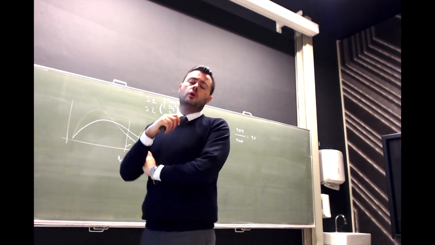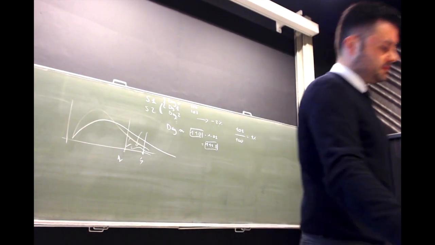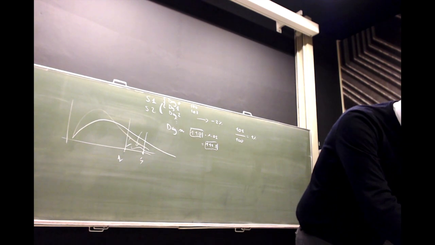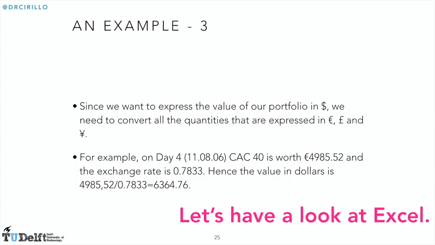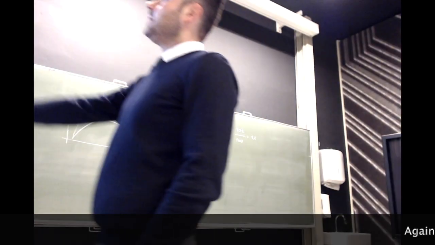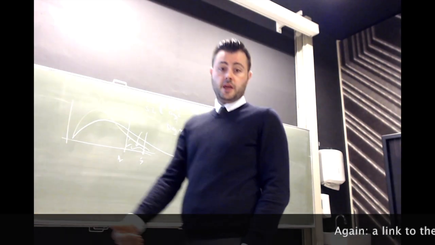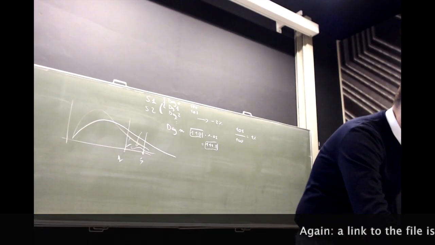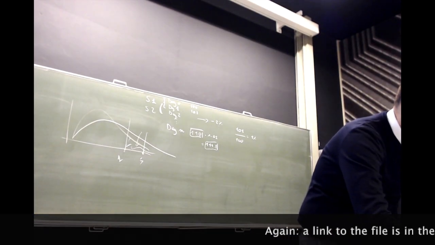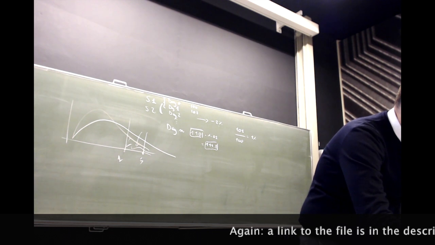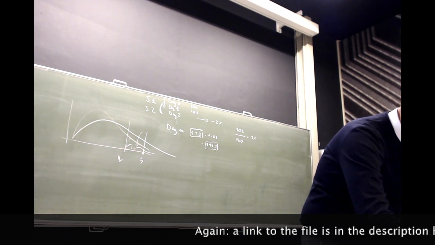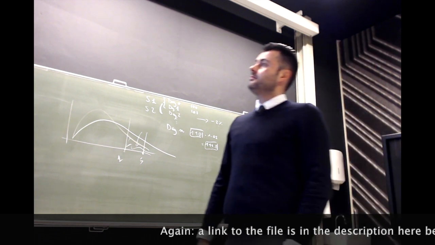Let's see how it works in Excel. It's very simple. So these are the data. You have day 0 up to day 500. That would be today. So if you go down to day 500, you will see that it is September 25th.